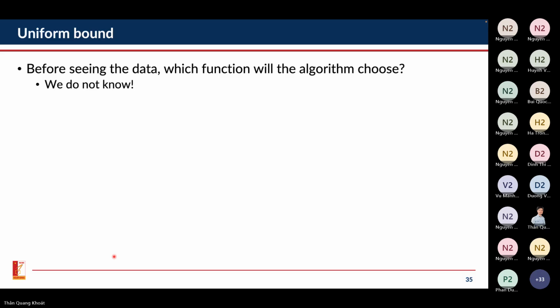Okay. So in that case, we may need to find another way to analyze the generalization error. And one very classical way is to use a uniform bound. That is, we analyze the worst case. If we train a model, what is the worst case? The worst model in a family, right?